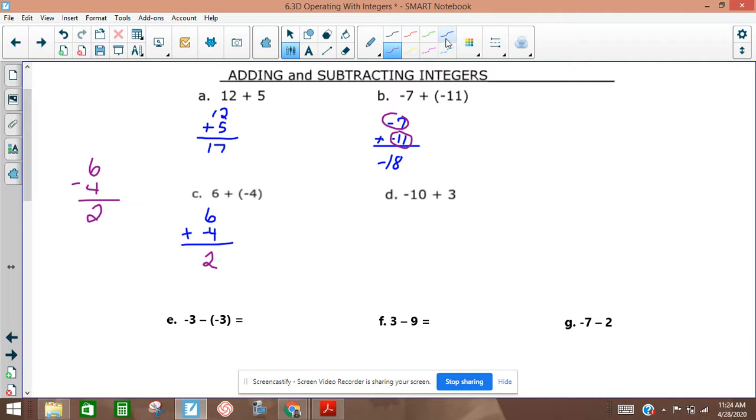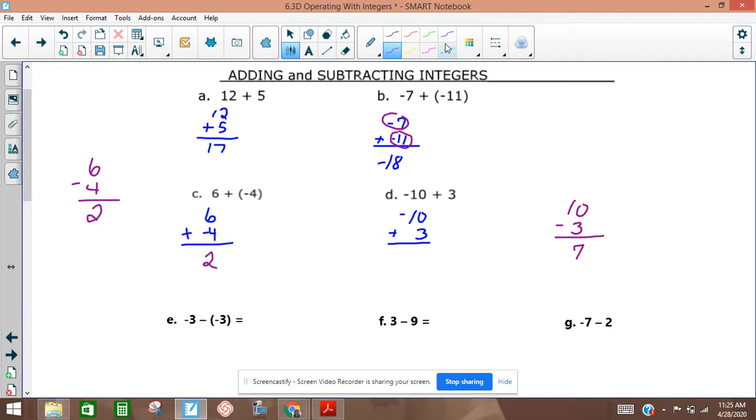Then moving on. So now we have -10 plus 3. Once again, we notice that there are different signs. So at this point, I'm going to subtract 10 minus 3. That will be 7.